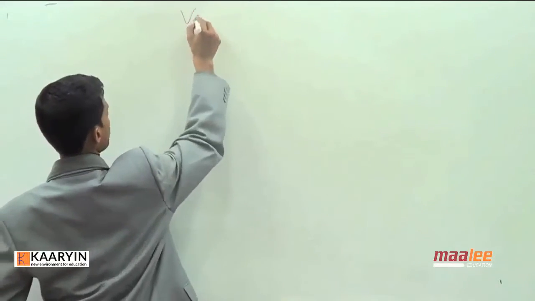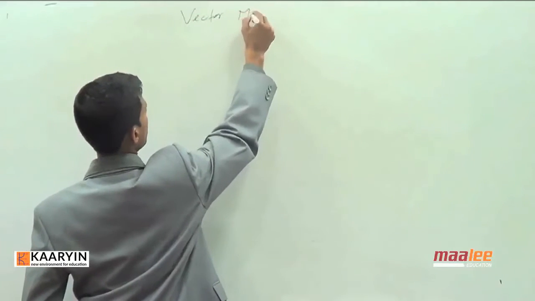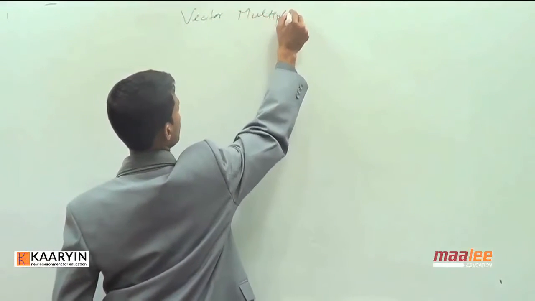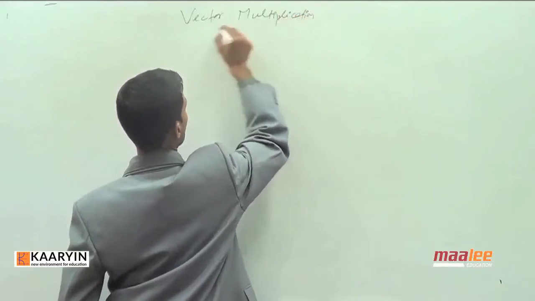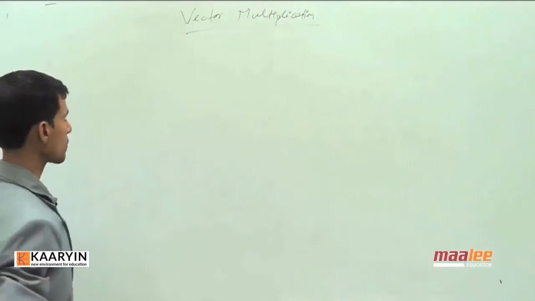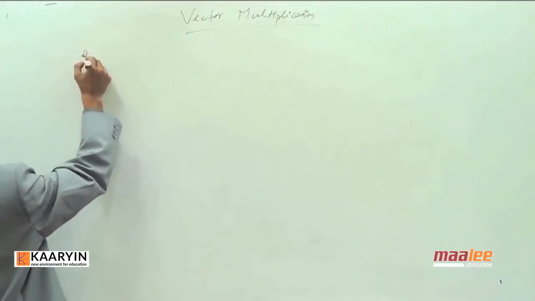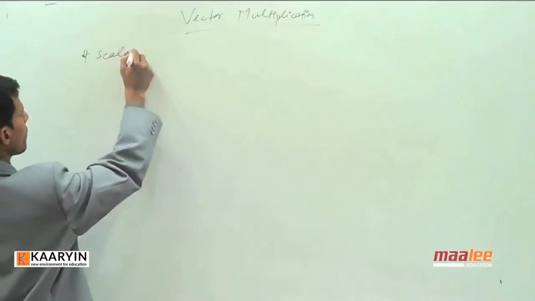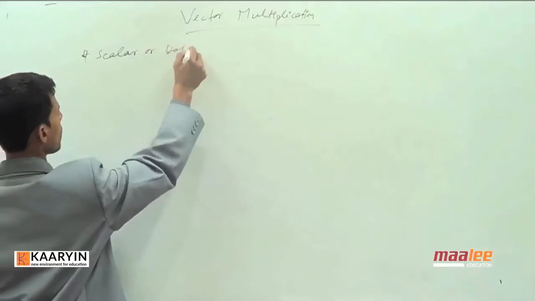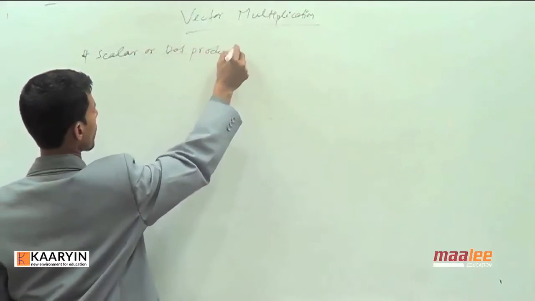Vector multiplication. In that case, the first is called the scalar or dot product.